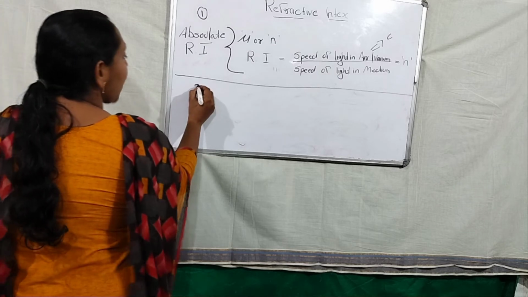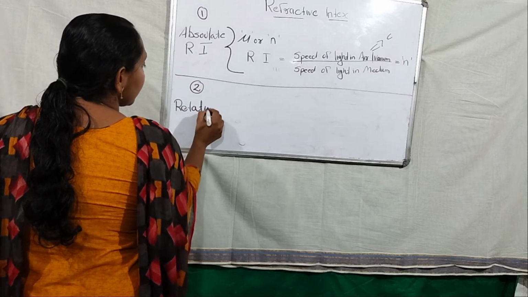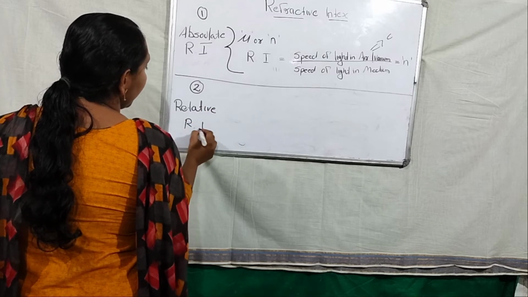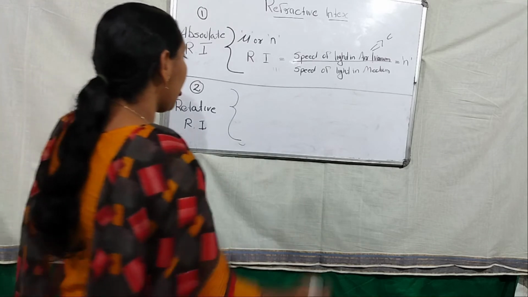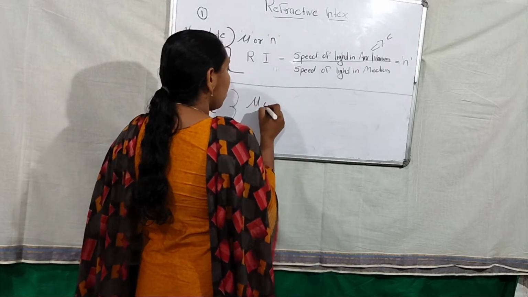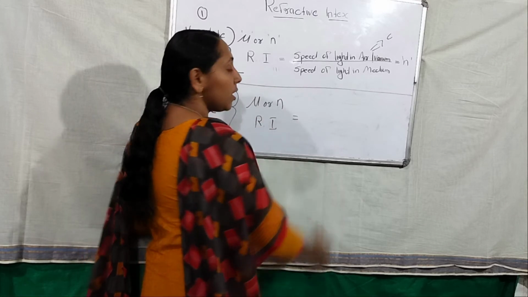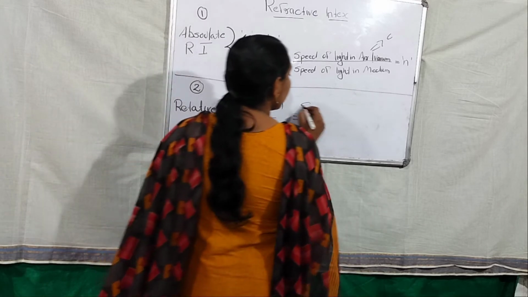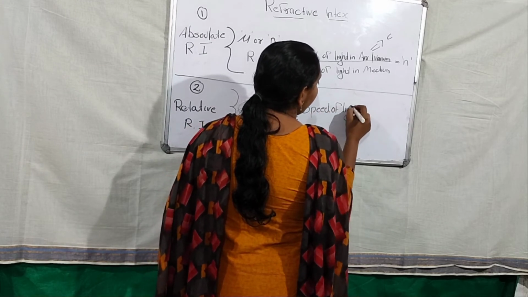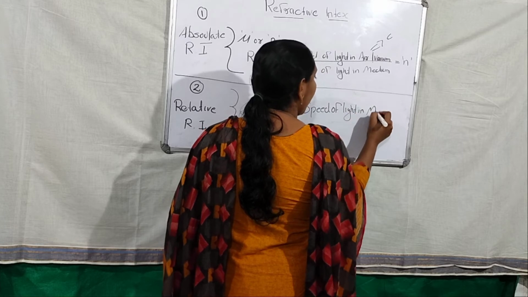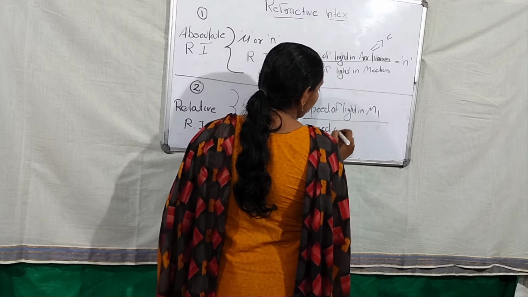The second type of refractive index is called relative refractive index. The symbol is the same, mu or n. The definition is speed of light in medium 1 divided by speed of light in medium 2.